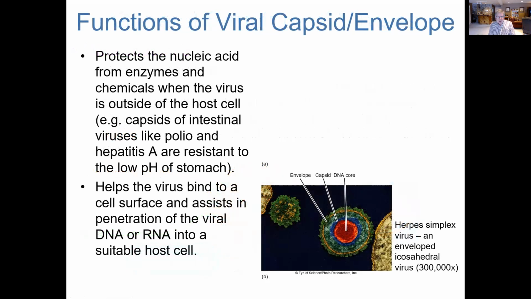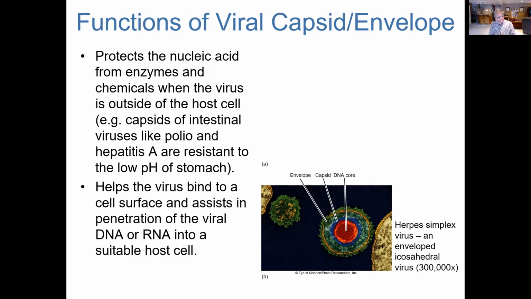Another function of the outer envelope, or in the case of a naked nucleocapsid, it's basically providing support, isn't it, as you might expect, or protection for the underlying nucleic acid. It's sort of like a coat on the surface. Now, in the case of an envelope virus, it has the outer capsid, but it has an additional envelope, right? So it has kind of like two barriers, if you will, in terms of protecting that nucleic acid core.